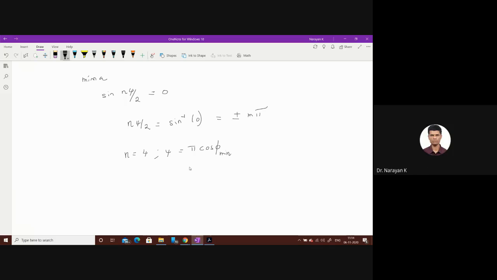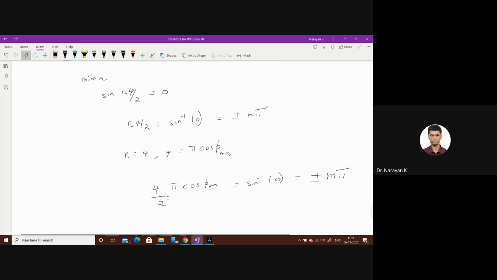Okay, phi minimum. So quickly substitute this in the above equation. So 4 into pi cos phi minimum by 2 is equal to plus minus m pi.